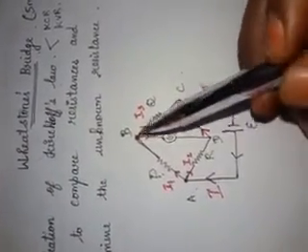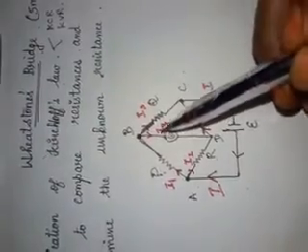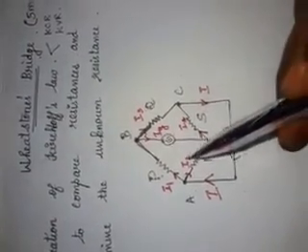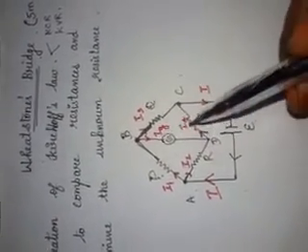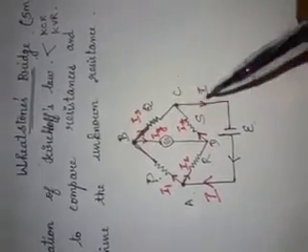Hope you understood. Starting from here, the total current I at A splits into I1 and I2. At B it splits into I3 and Ig. At D, these join together and give rise to I4, and at C, these join together and give rise to I again.